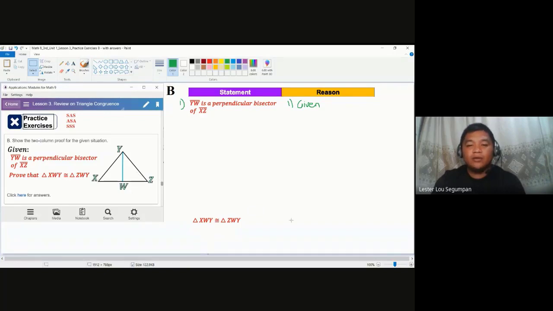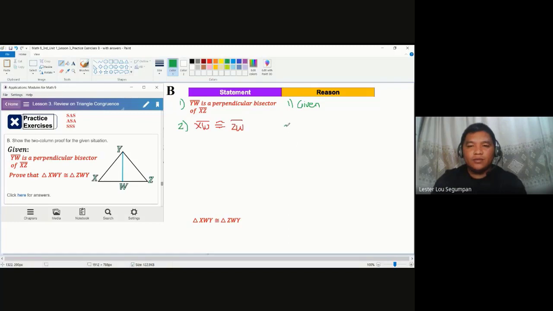Let's have statement number two: segment XW is congruent to segment ZW, so that we could use the corresponding parts here.